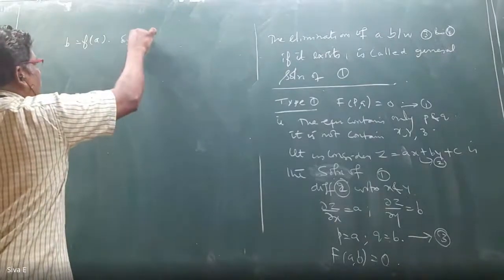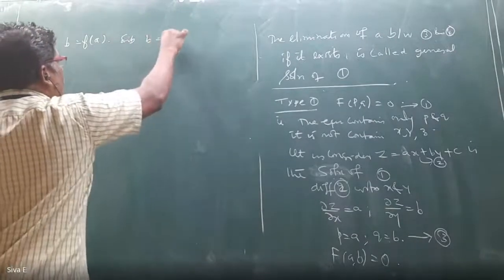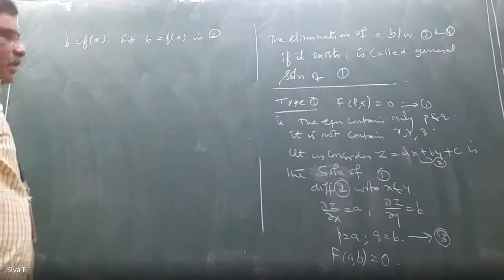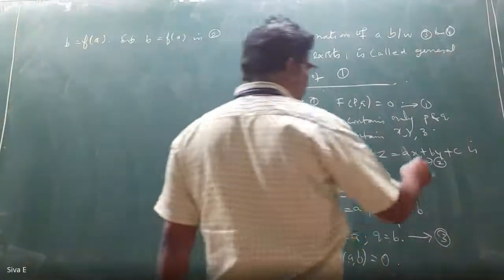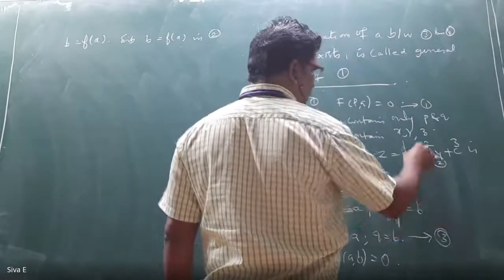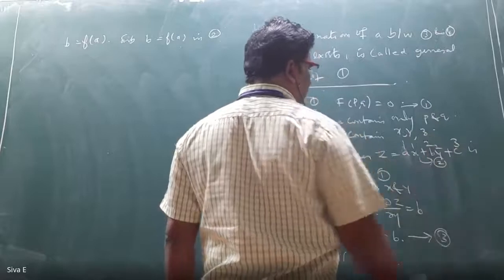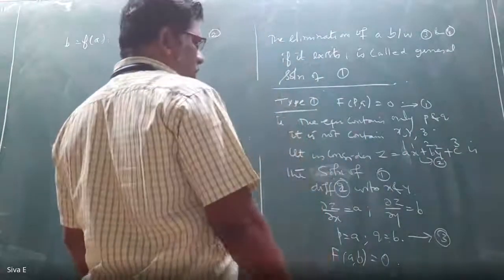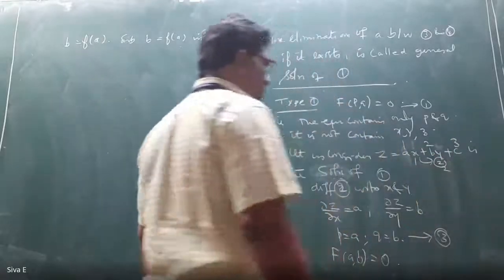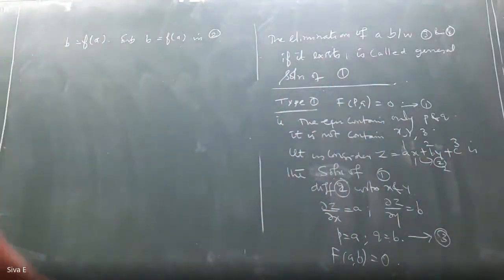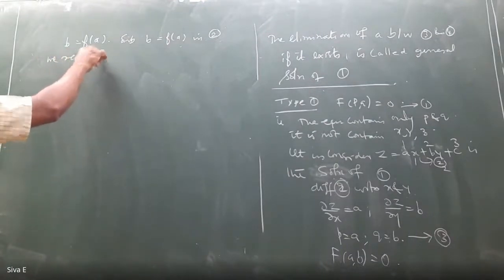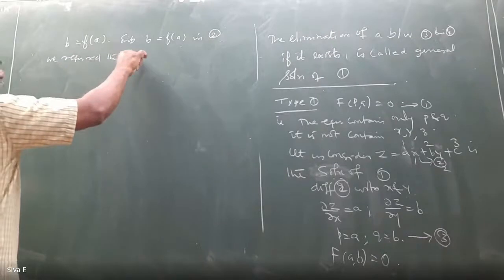Substituting b equal to f of a in 2, because 2 contains three arbitrary constants and two independent variables, it is not the complete solution. We require the complete solution.